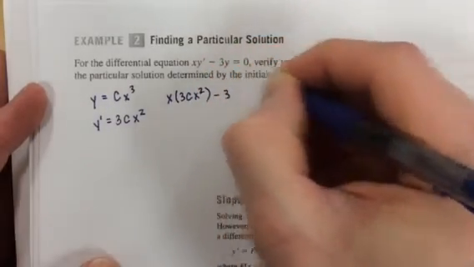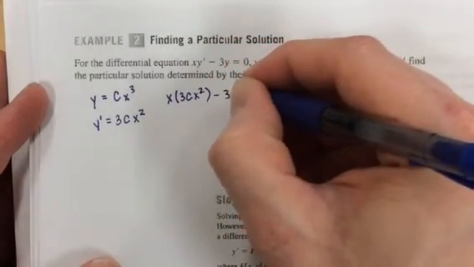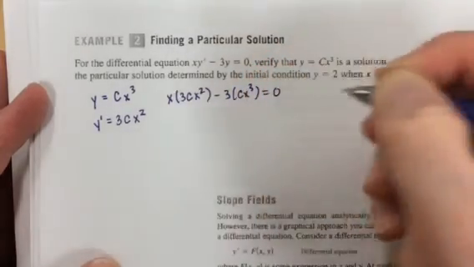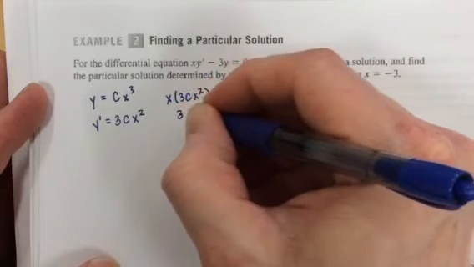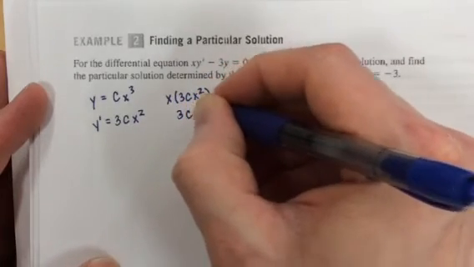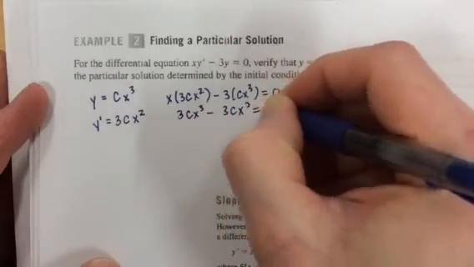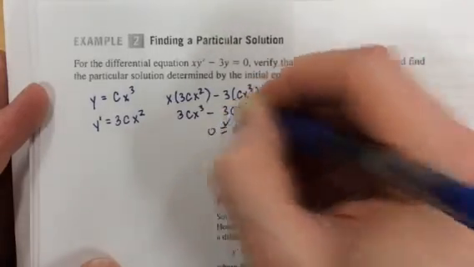Take away 3 times y, which we know is c times x cubed. Does that equal 0? When you multiply this all out, you get 3cx cubed take away 3cx cubed. Does that equal 0? Yes, it does equal 0.